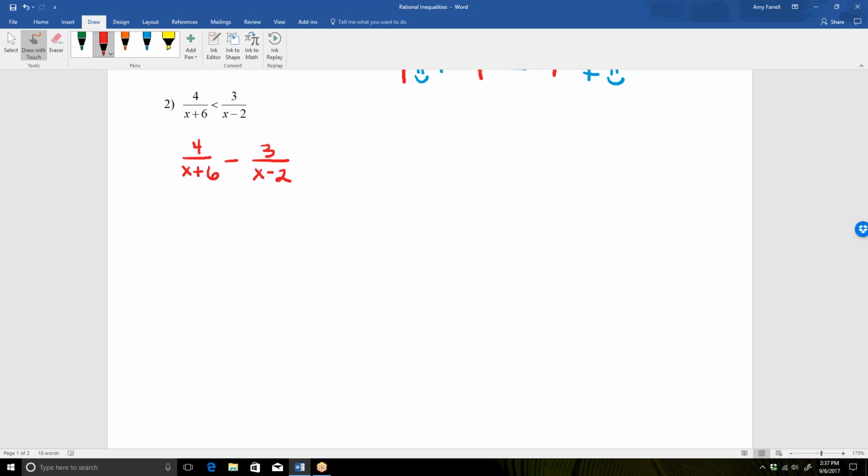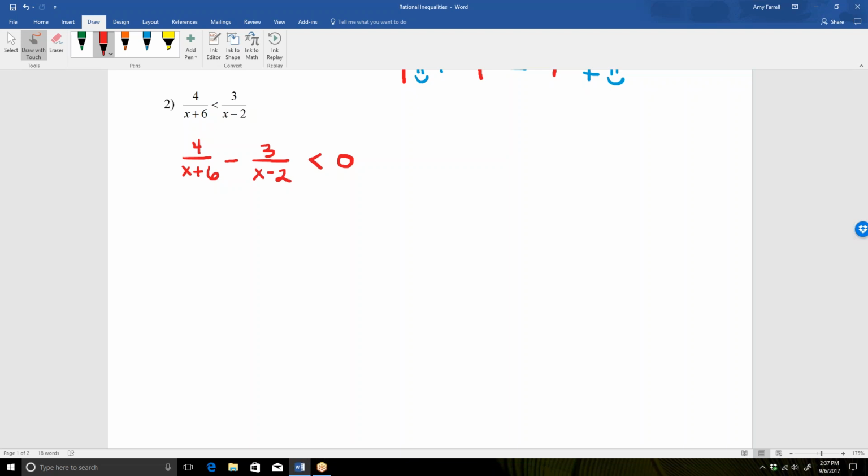Here I'm subtracting it from the left-hand side. When I subtract it from the right-hand side, I end up getting 0. I'll just put my 0 over there. Now let me just say, please, please, please do not try to cross multiply. We cannot cross multiply with an inequality, just with an equal sign or an equation.